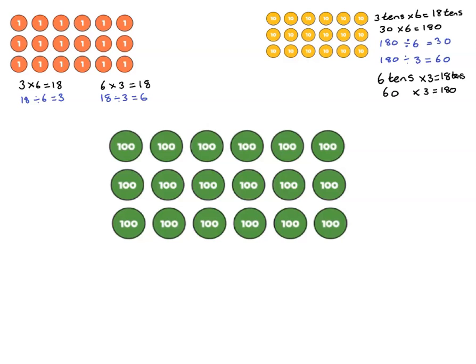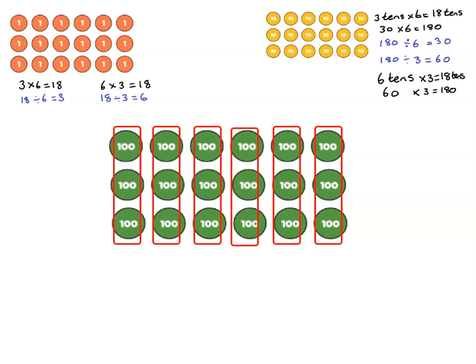Let's take a look at our hundreds array. We've got 6 groups or 6 lots of 300s. So, 6 times 300s is equal to 1800s.